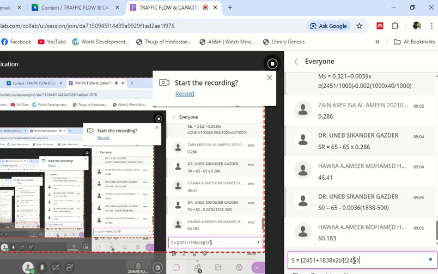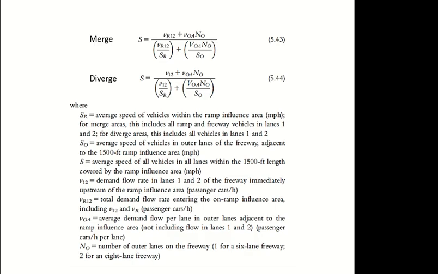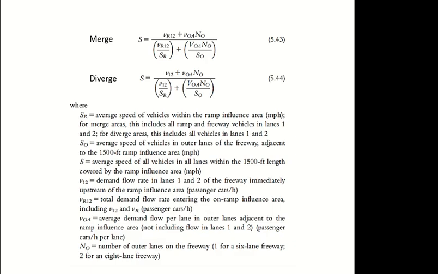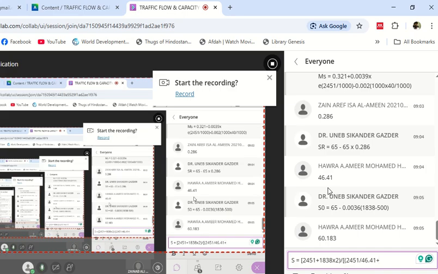So 2451 divided by the speed in the ramp area, which is 46.41, plus the outer one, 1838 to speed in the outer area, which is 60.183.